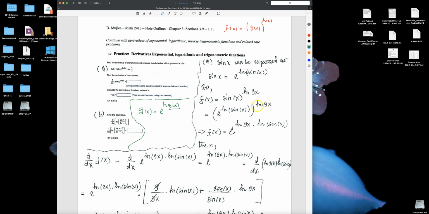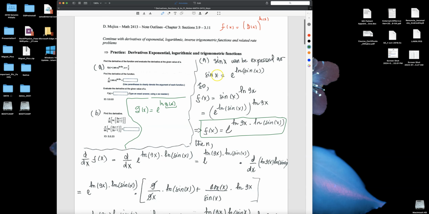So now we have the natural log of 9x multiplied by the natural log of sine x. This is the first simplification, or a way to rewrite the original function f(x).